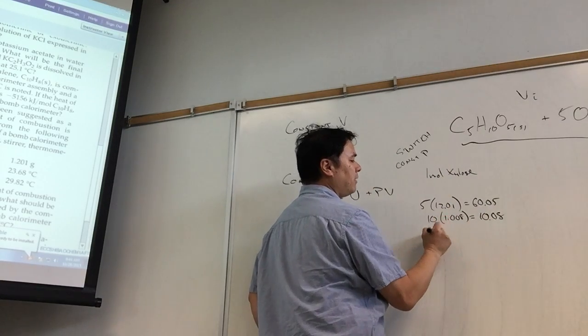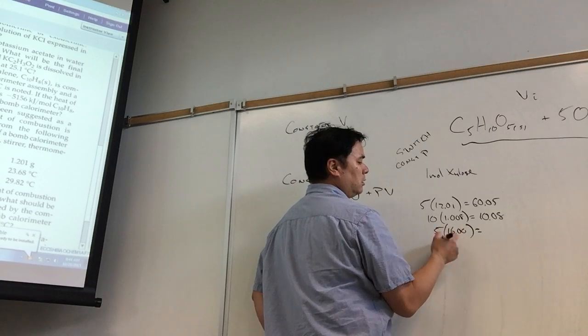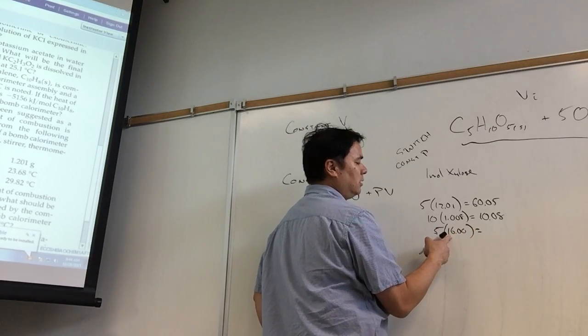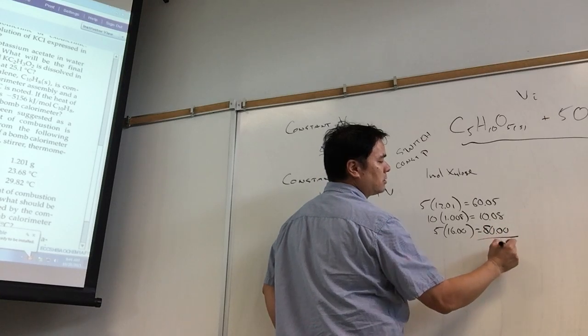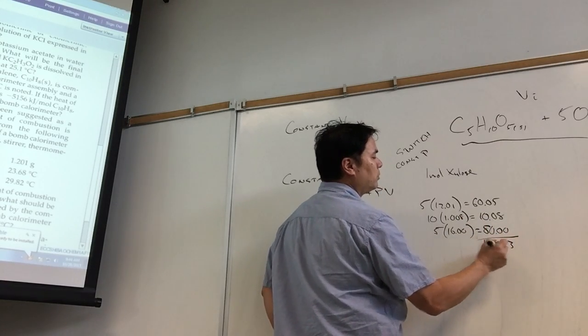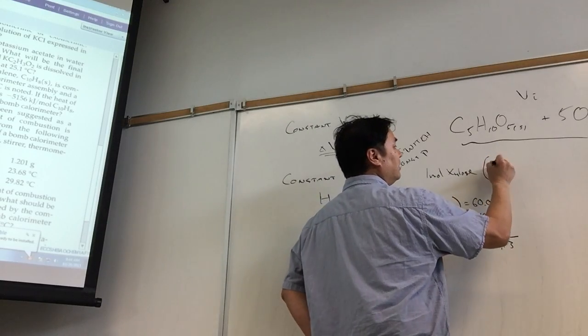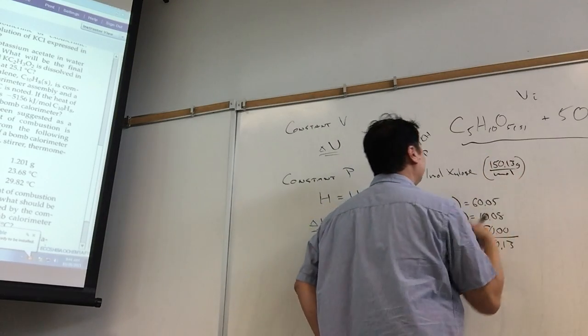And then I got 5 oxygens at 16.00. So that's 50 plus 30 is 80. So this gives me 150.13. So I have 150.13 grams per mole of xylose.